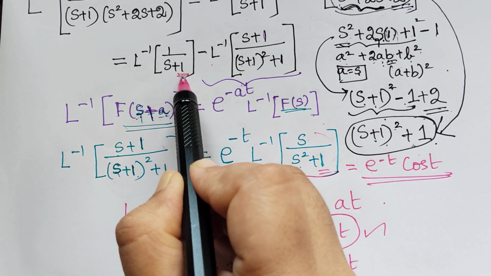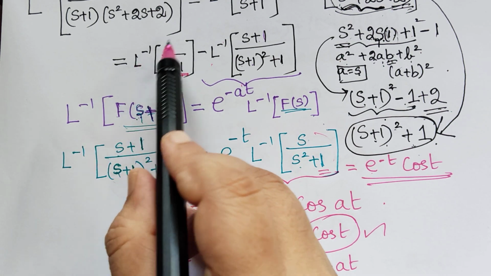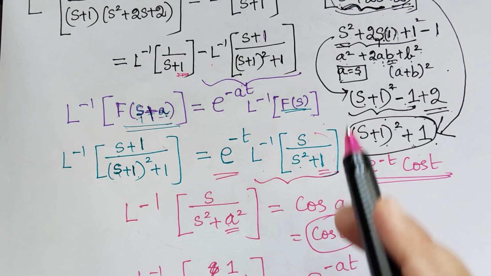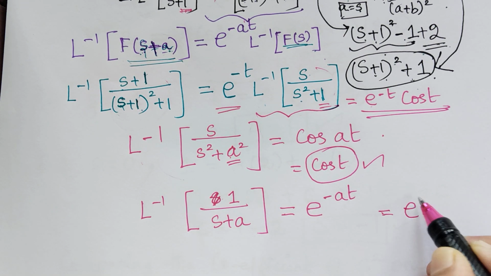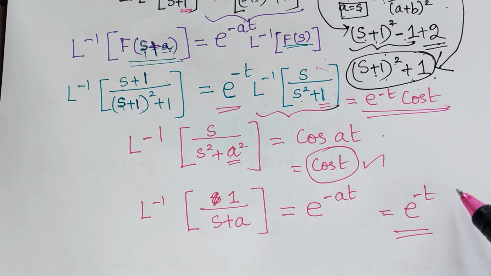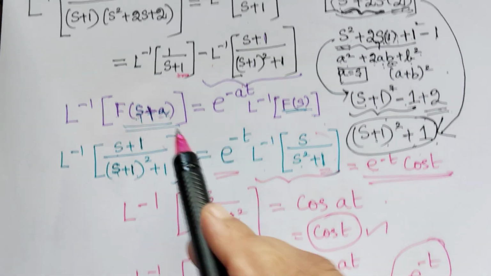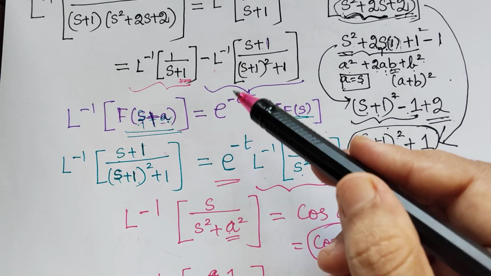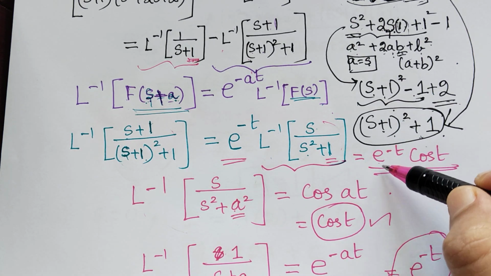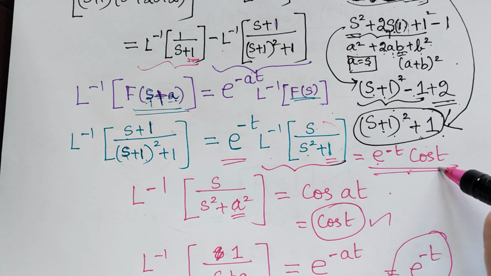So L inverse of 1 by s plus 1 is equal to, at the place of a we have 1, and so here the answer will be e to the power minus t. So the first term is e to the power minus t, and for this term we have evaluated here e to the power minus t cos t.